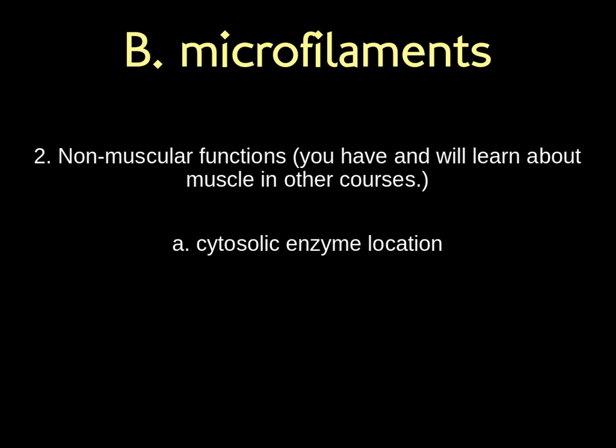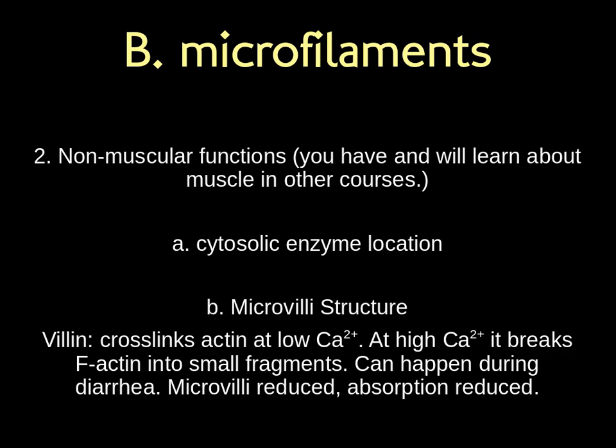Also for enzymatic pathways, you want to have each of the additional enzymes in close proximity to each other, so we can hold those in close proximity by binding them to a microfilament. Also, microvilli structure. This is something like, for instance, in your intestines and other places, where you have small projections of a cell, they need to hold a fairly rigid structure. You need that to happen, so we can use microfilaments to provide that structure.